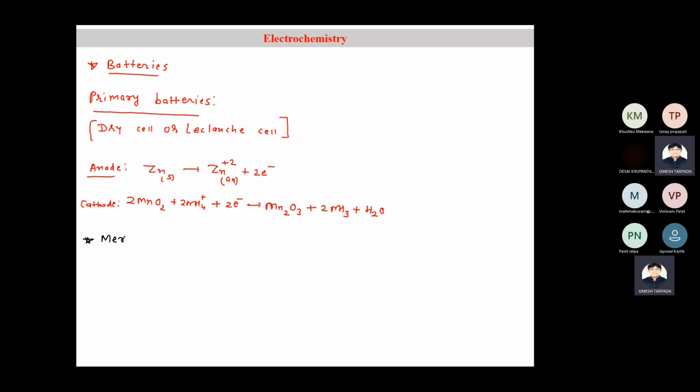Second one is the mercury cell. It is also called Ruben-Mallory cell.